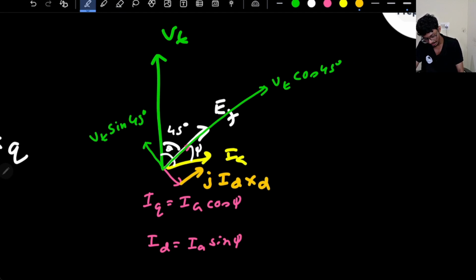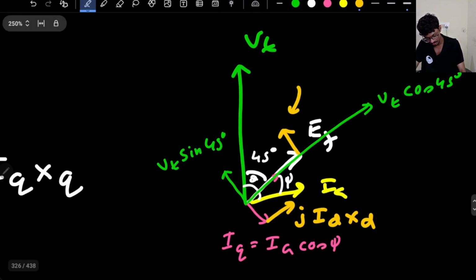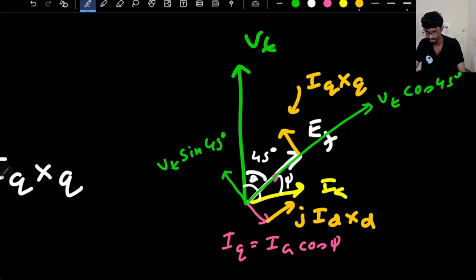And what will be j IQ into XQ? j IQ into XQ will be here. So plus j into IQ into XQ will be here. This I had not previously derived for you, right?